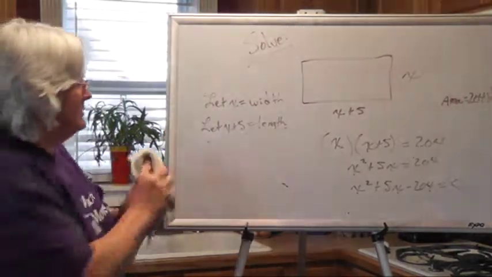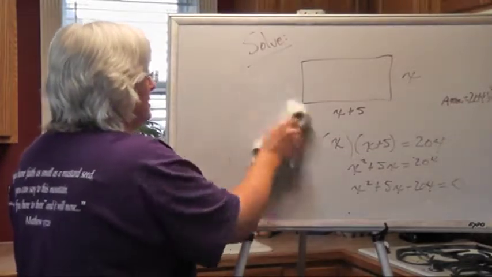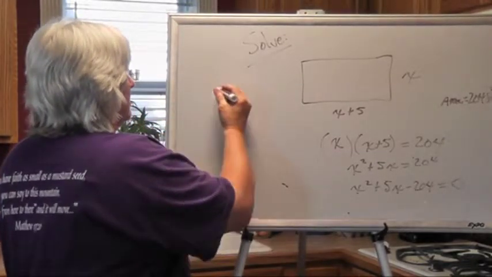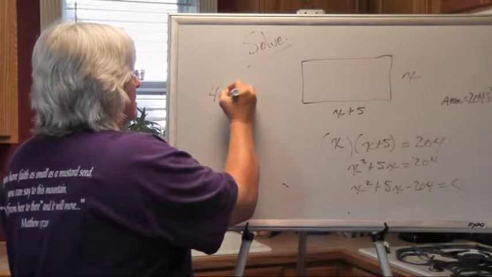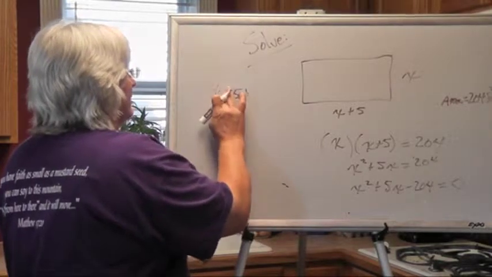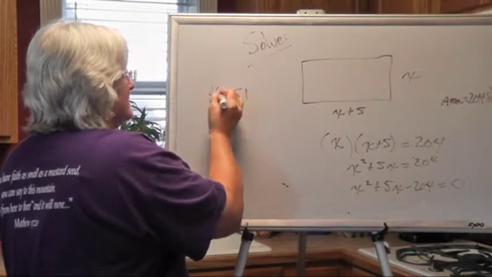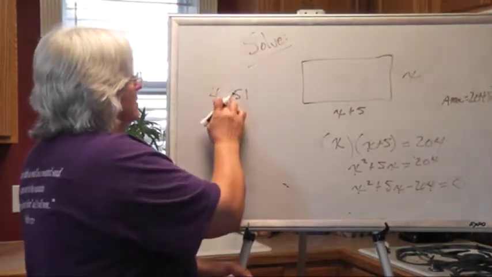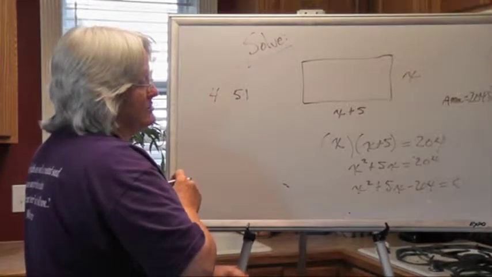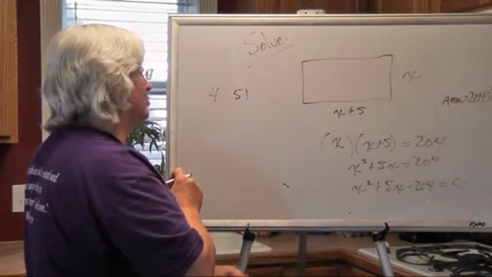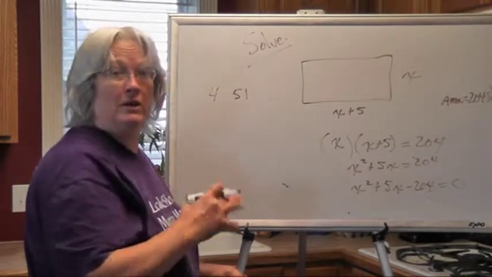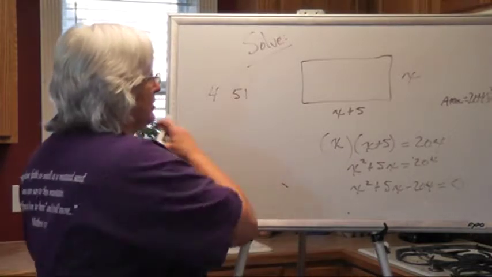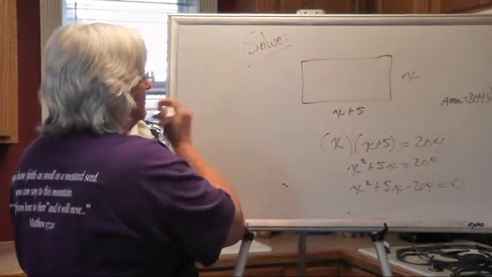So let's see what happens if I divide it by 4. Well, that's 4 times 51. Is that helping us? Not a bit. Okay. 4, 6, 12. At this point, I think I want to prime factor and see what I have.